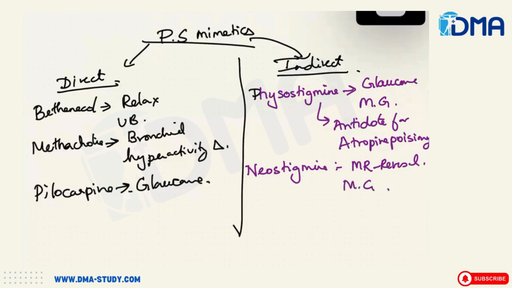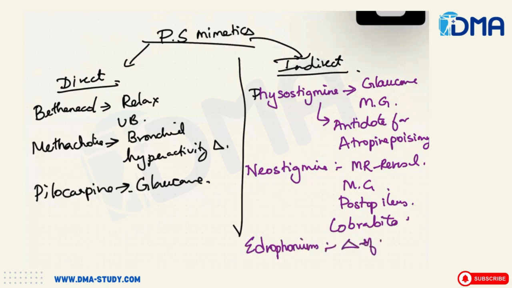It is used for post-op paralytic ileus. They also use it in the treatment of cobra bite, right? So this is the one. Then what else? Edrophonium. Where is it used? It is used in the diagnosis of myasthenia gravis.